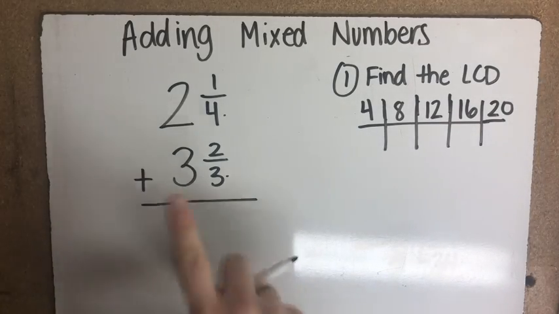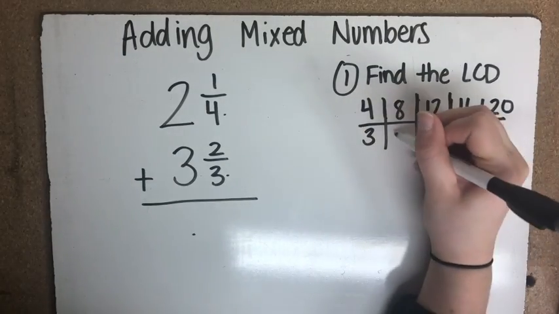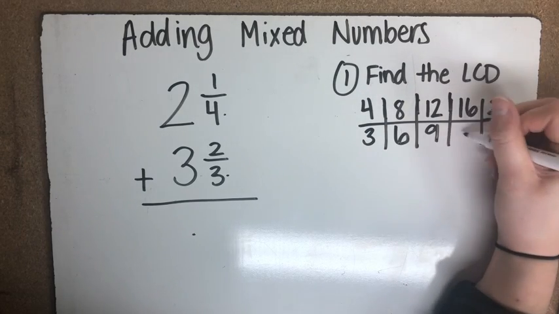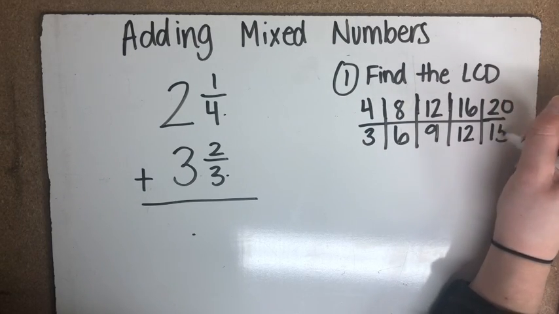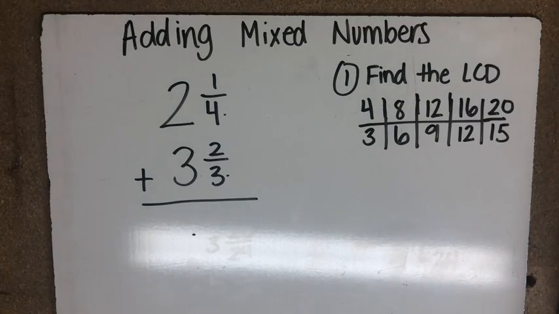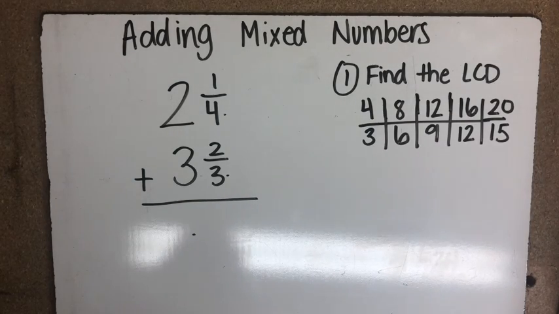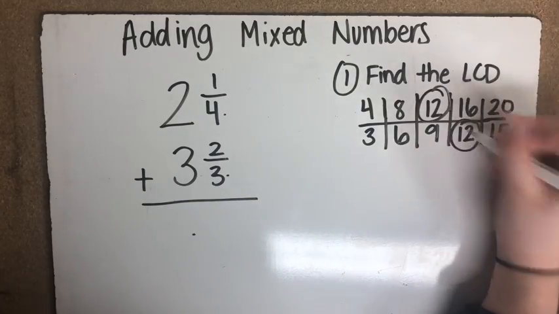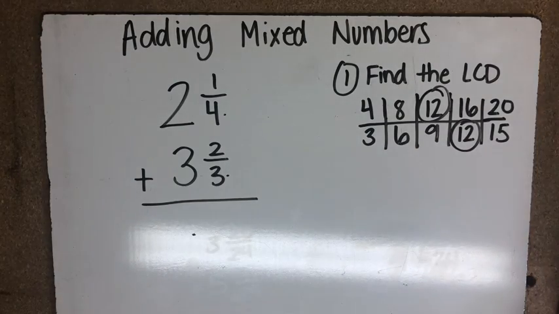Now let's do our multiples of 3. 3, 6, 9, 12, 15. Now I need to find the smallest number that they have in common. And if I look, I will notice that 12 is the smallest number that they both have in common.